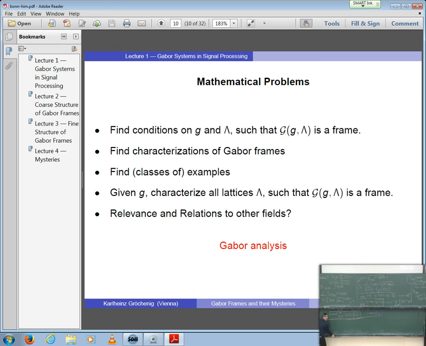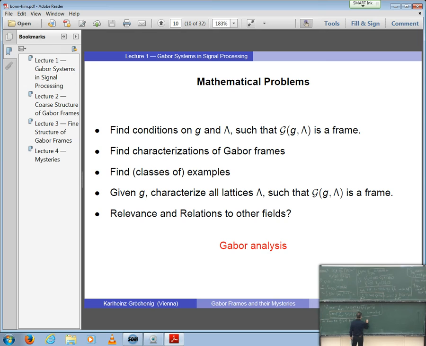I'll show you the biorthogonality. So assume that this Gabor system is a frame. And then the frame operator is invertible.